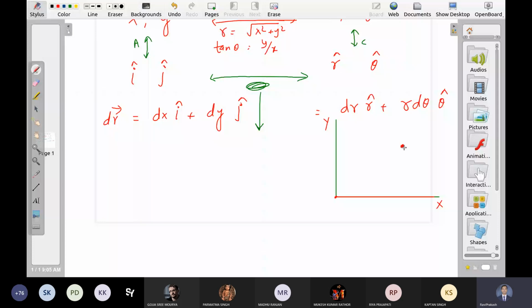then what is the vector r here? Unit vector r is this, in this direction, right? Let me remove the remaining part.